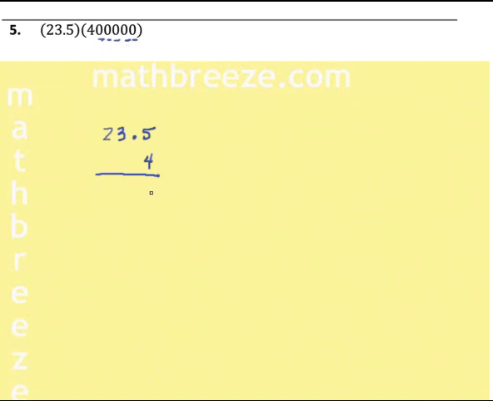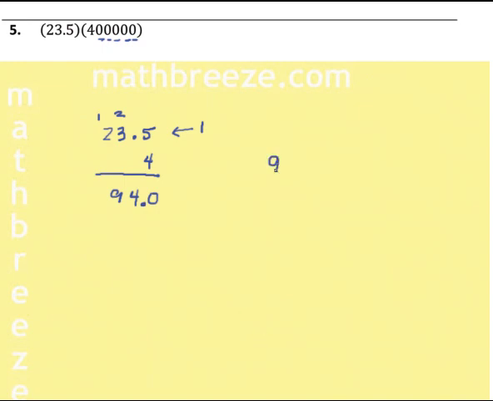So here we have 20. Here we have 12, and add 2, we have 14. 4 times 2 is 8, and 1 is 9. And here we have 1 decimal place, so put that right here.